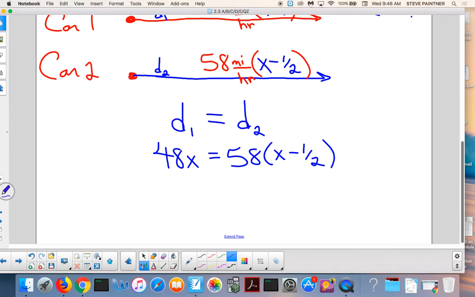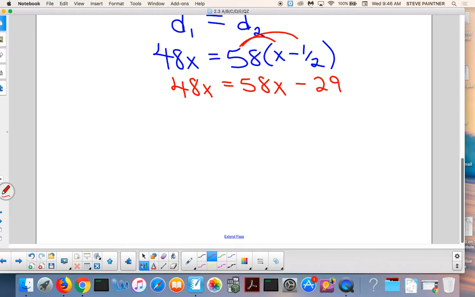Hopefully this doesn't take you long, because this is back to section 2.1. Use your distribution skills, right? What's the answer for X? 2.9. Okay, let me see.